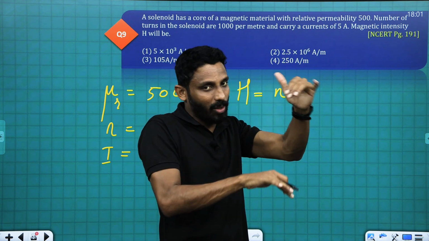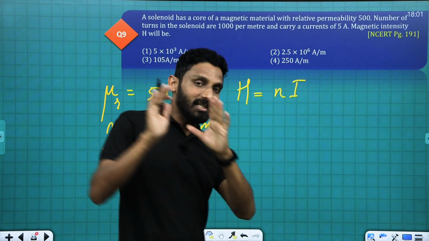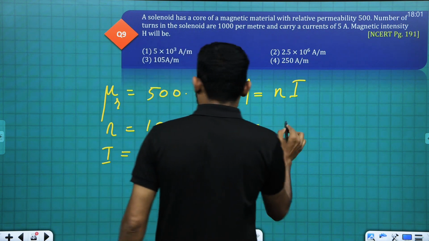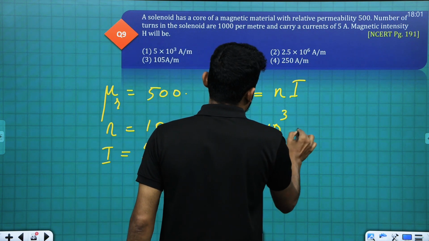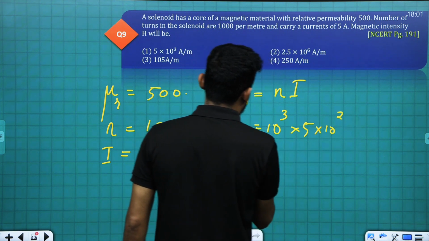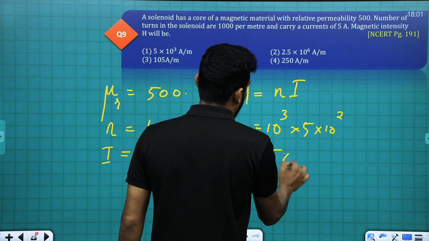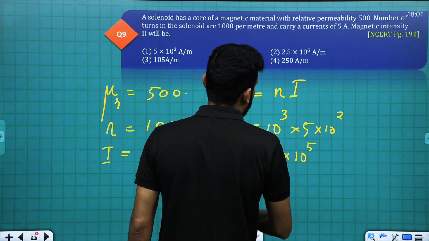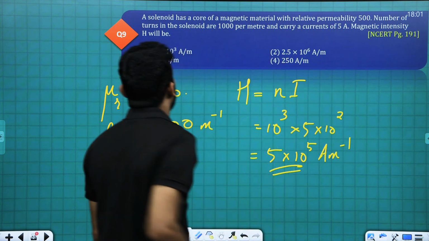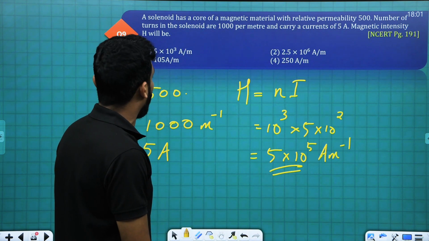N is 1000, 10 power 3, current is 5. Ampere per meter is the SI unit.